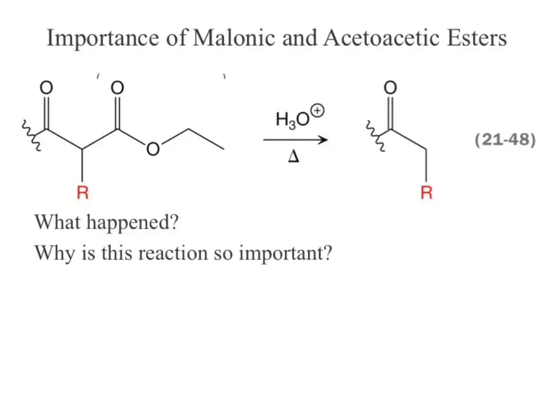And now what happens? What changed? It won't react now. Because there's only one alpha hydrogen? Well, that's the only thing that changed, the number of alpha hydrogens? No, something more.